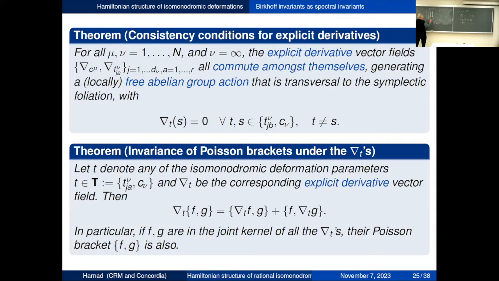And the statement is that if you have a point in this phase space, and if you project, so I've written this with a horizontal, but there is a vertical component as well. If you project the deformation vector fields to the total isomonodromic deformation, you get two parts.